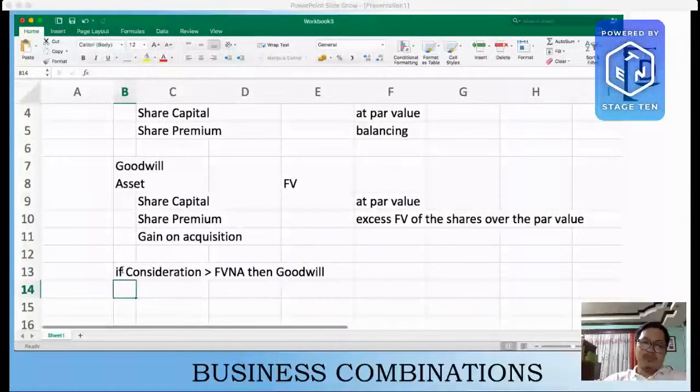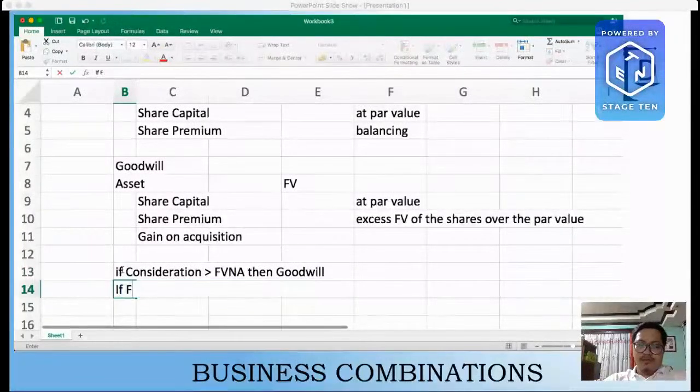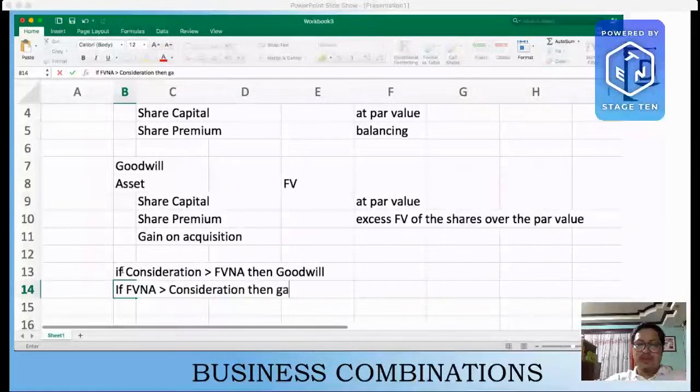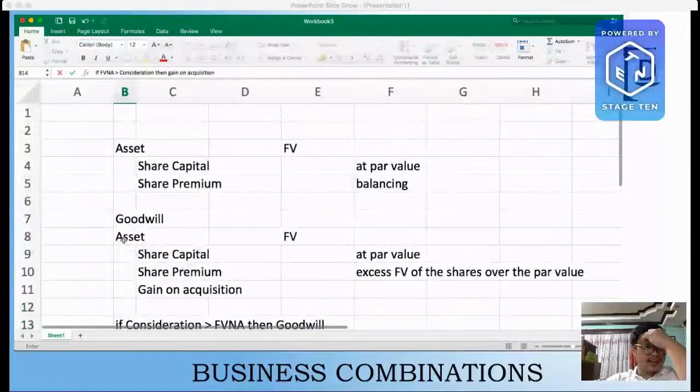If it's the other way around, if fair value of net assets is greater than the consideration, then the result would be a gain on acquisition. Okay, so I hope these entries, class, would help you understand why a regular purchase of PPE would not result in a goodwill, but a business combination would result in a goodwill. This is one good reason.